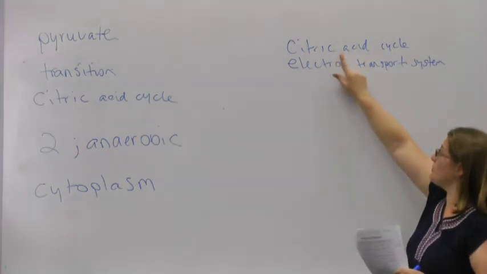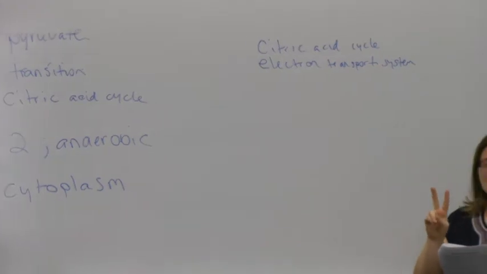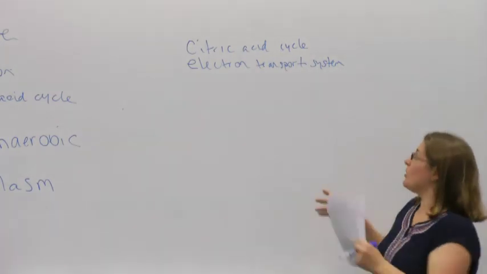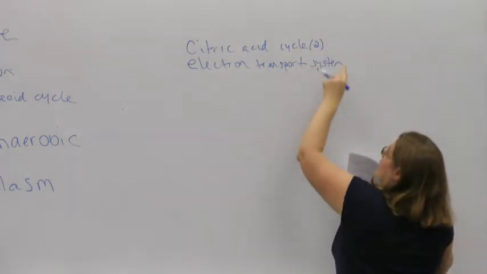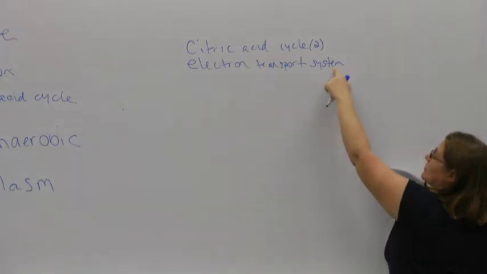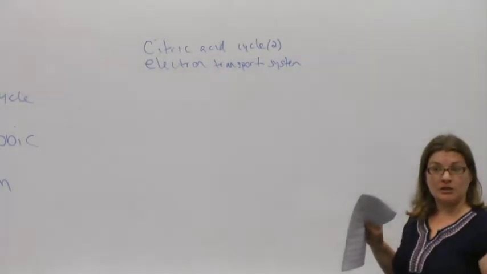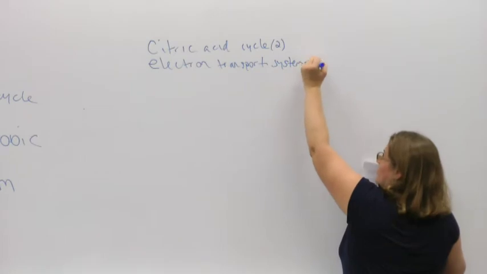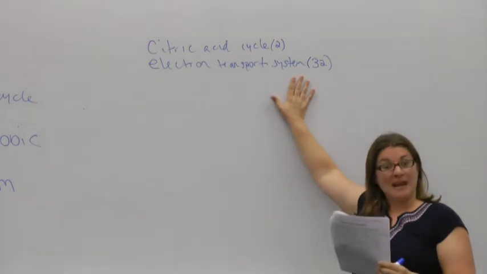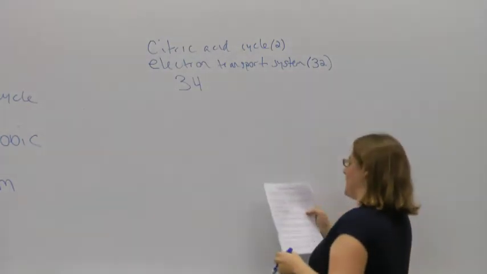So what's the total from here plus the total from here? Well, this produces two, right? And how many does this stage produce? 32. Don't doubt yourself, you're knowing it. So then these two stages together produce how many ATPs? 34 molecules of ATP.